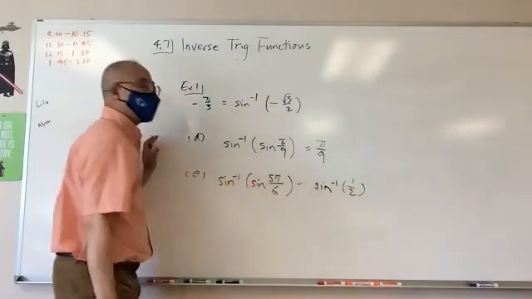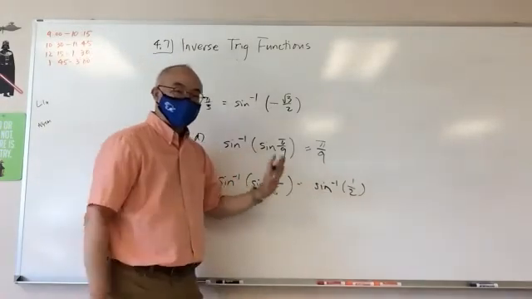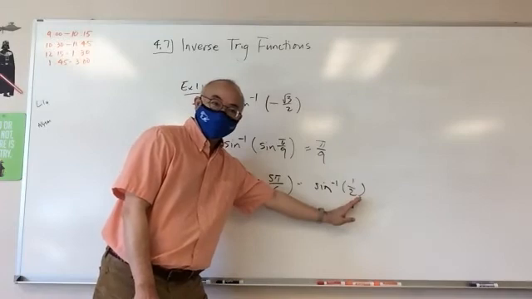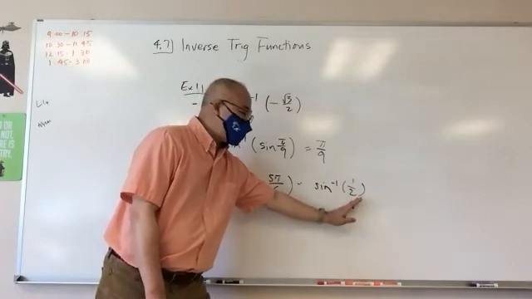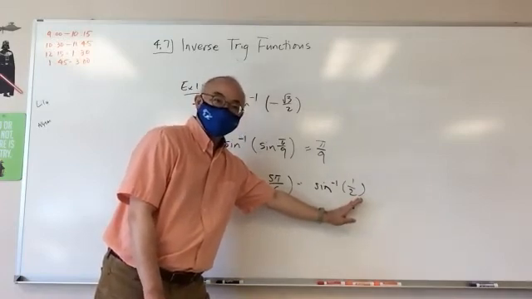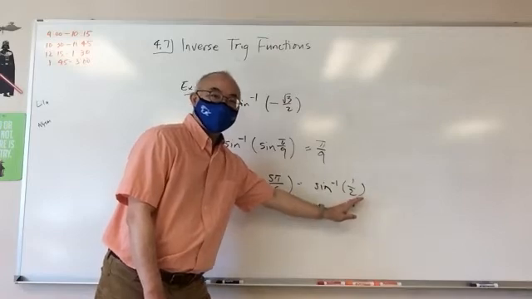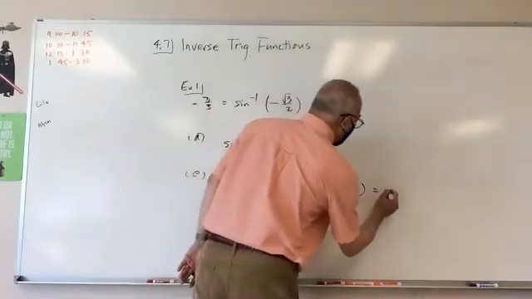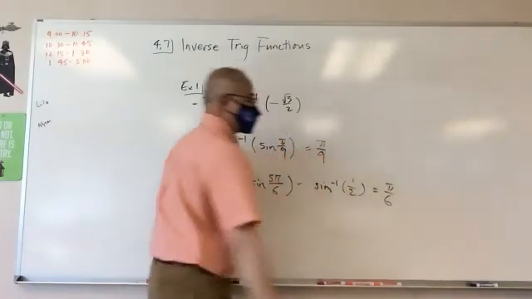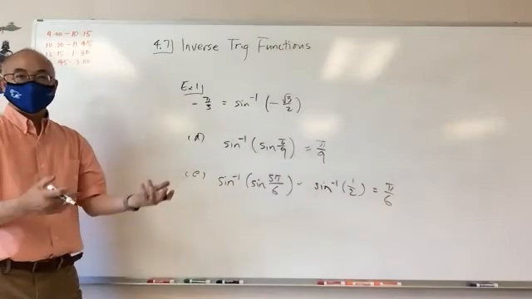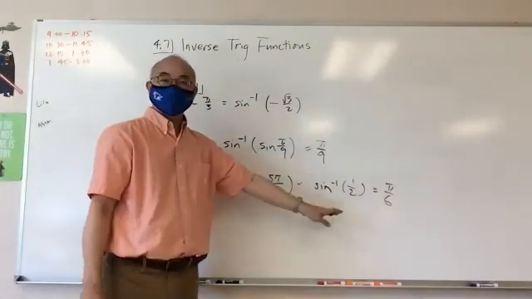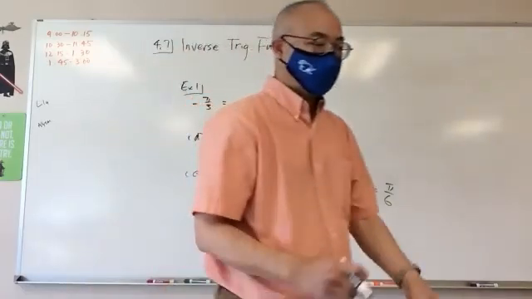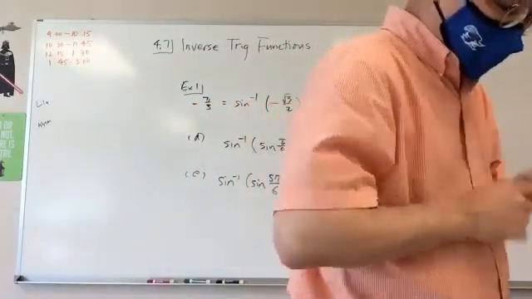Now it is the angle which gives me this value, but I'm going to be in the first quadrant now. So it has to be pi over 6. So this is going to be equal to pi over 6. So you see how that works. Here, you can't be 5 pi over 6, obviously, because it's not in the domain.